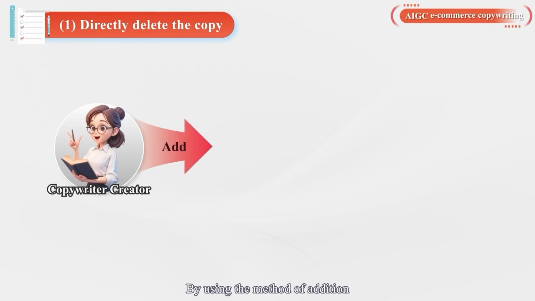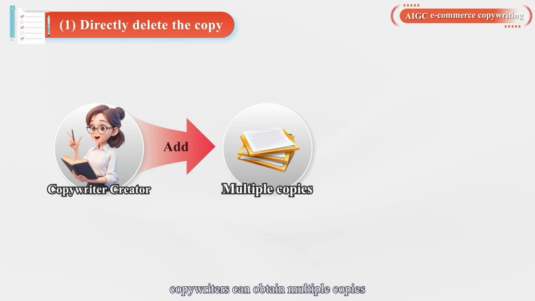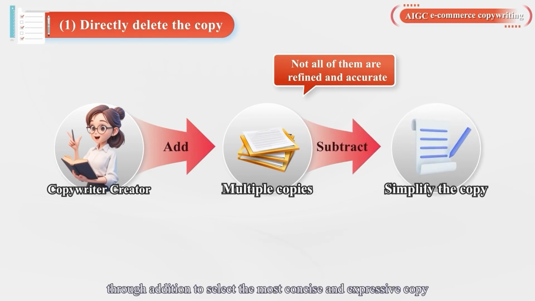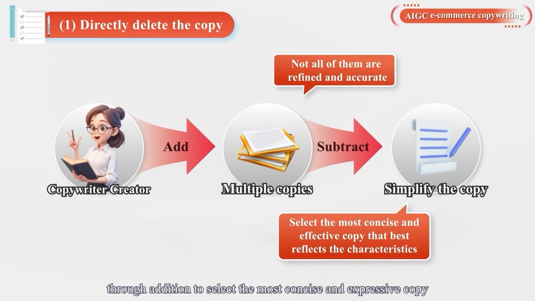Directly delete the copy obtained by using the method of addition. Copywriters can obtain multiple copies, but not all of these copies are concise and accurate. Therefore, we need to subtract the copy obtained through addition to select the most concise and expressive copy that best reflects the characteristics of the product or activity.